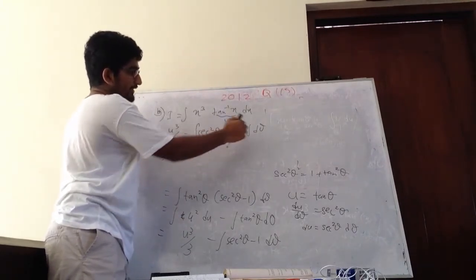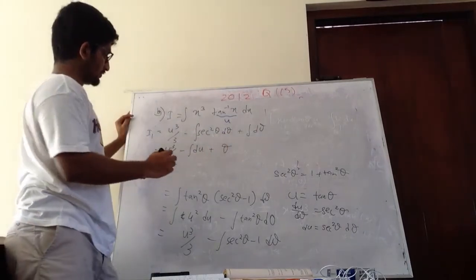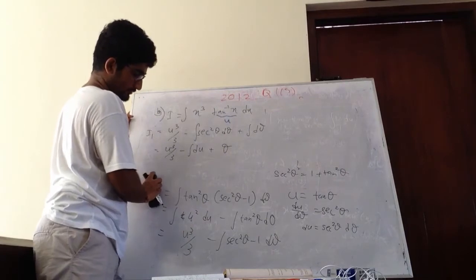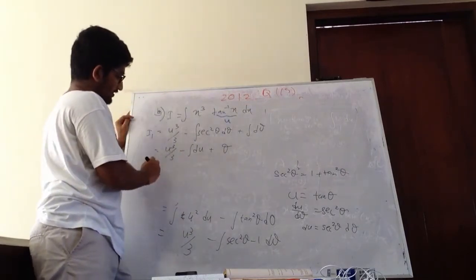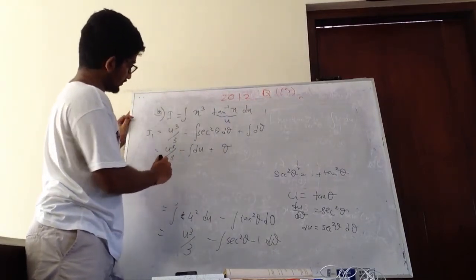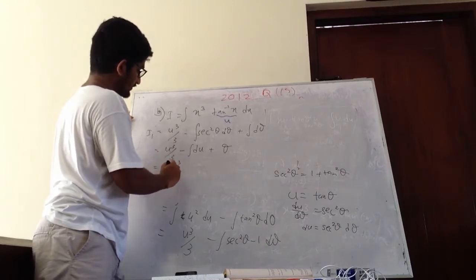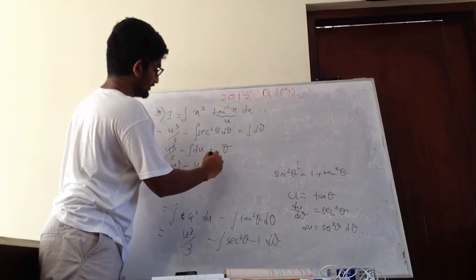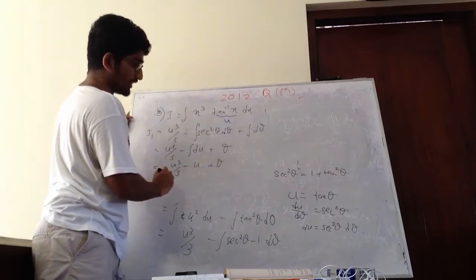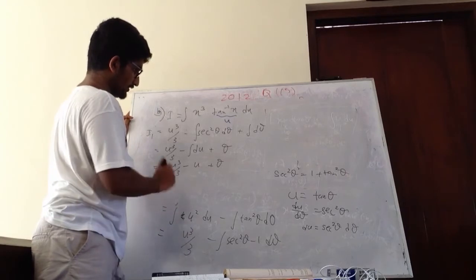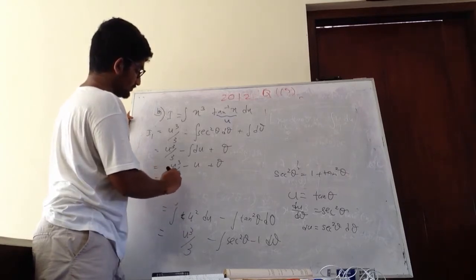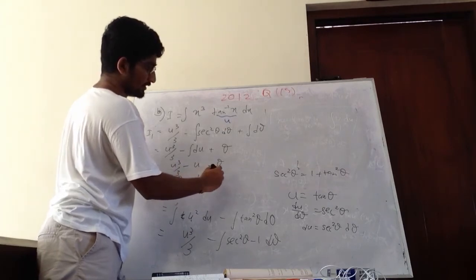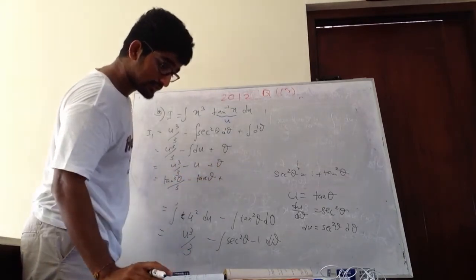So if you integrate d theta, it's going to be theta. So basically you will get u cubed over 3 minus u plus theta. What is u cubed? u cubed is tan cubed theta over 3 minus tan theta. What is theta?